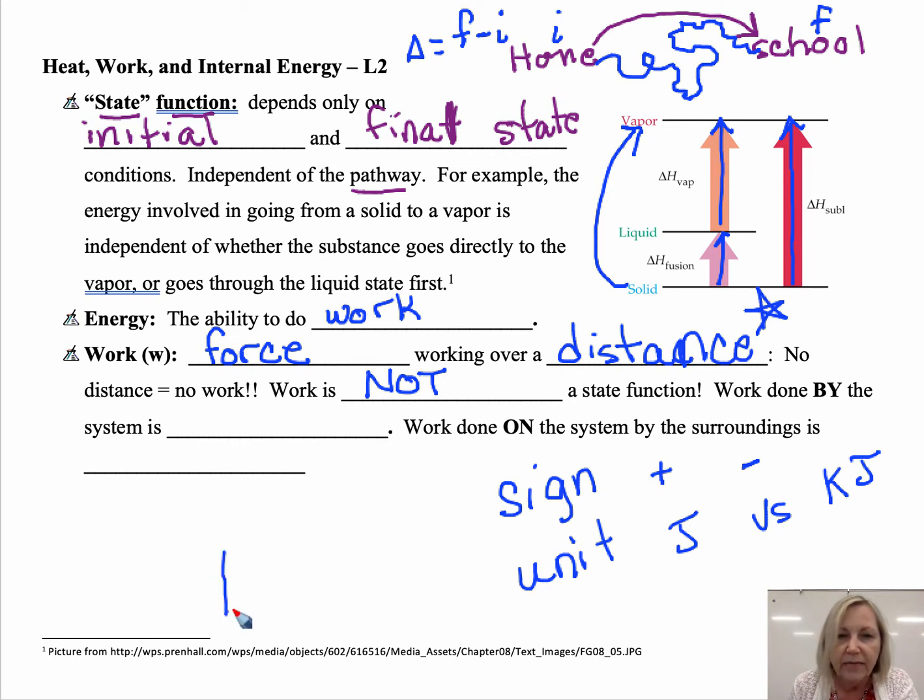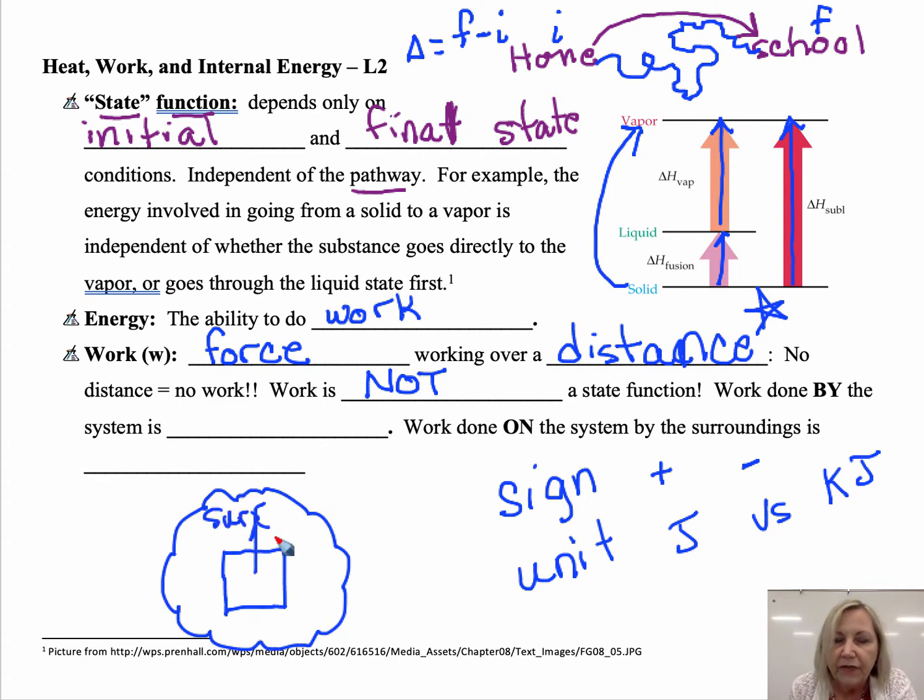The system is that region of the universe that we are studying. We define our system. Directly around our system are our surroundings. So if the system does work on the surroundings, that work is going to be positive in value. If work is done by the surroundings on my system, it's going to be negative.